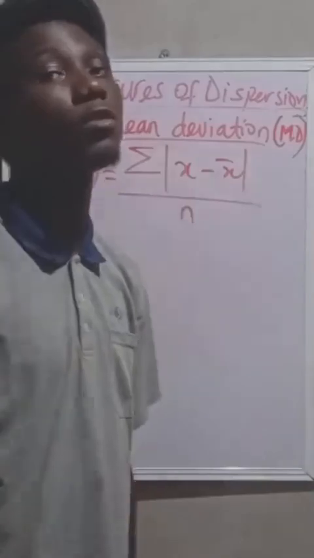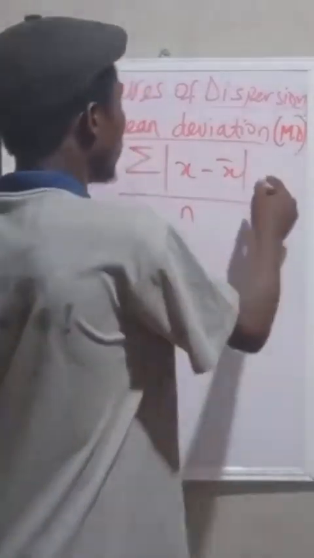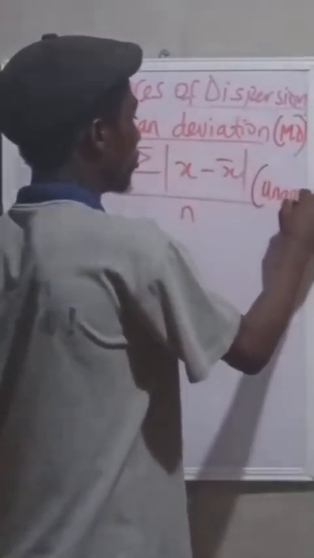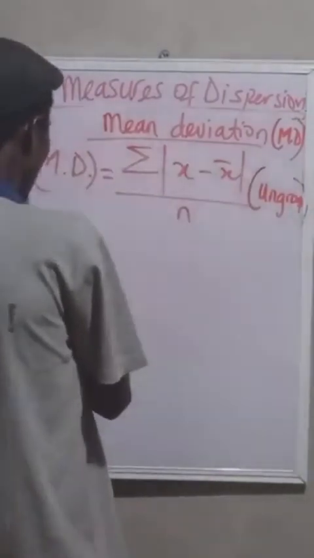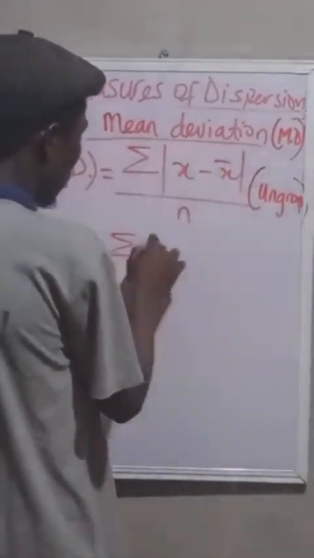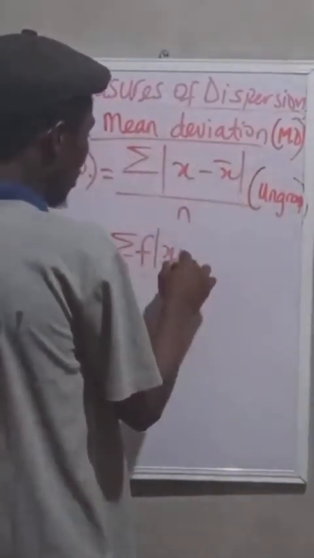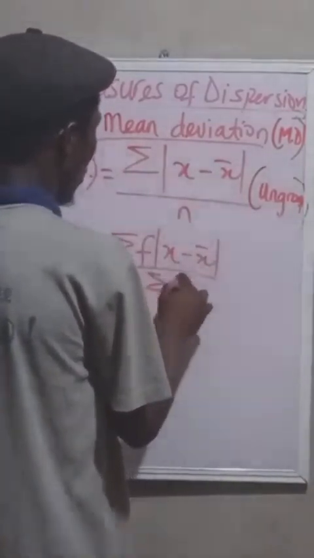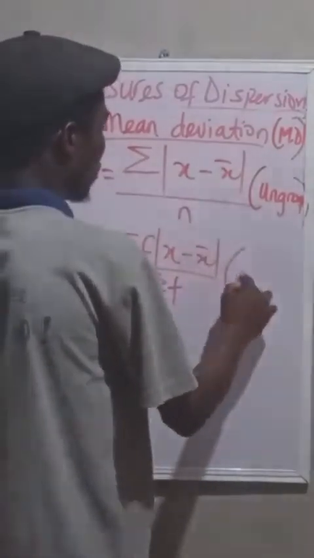Now look at this, this is for ungrouped data. We have mean deviation for grouped data also. This is ungrouped. So for grouped, the mean deviation is the summation of f times x minus bar x divided by summation of f. This is for grouped.